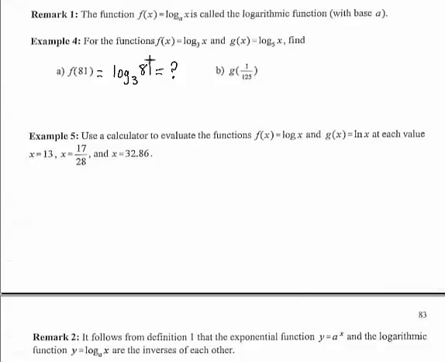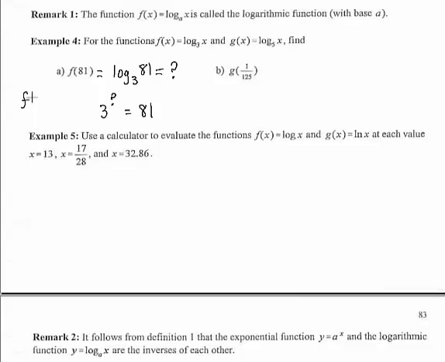You could type it into your calculator, but if you're familiar with the numbers and you know how to convert it to the exponential form, you could write 3 to what exponent equals 81. What do we raise 3 to get 81? Well, that would be a 4. 2 2's would give us 9, and we need 2 9's, so we need 4 3's.